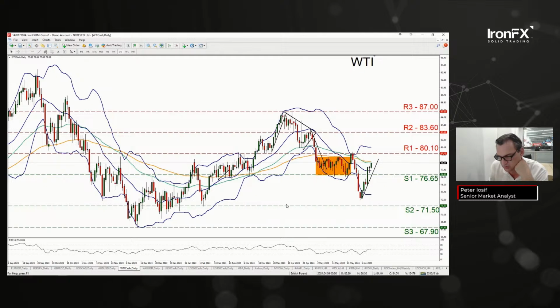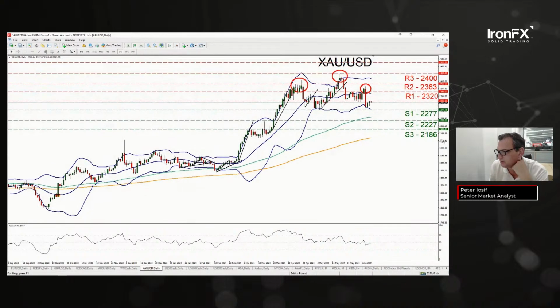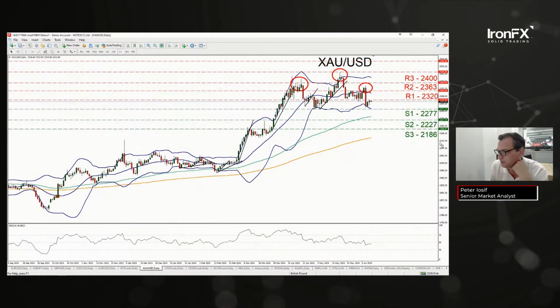Let's have a look at gold's price as well. Readjusting the chart a bit. There you go. So we have gold's price, which edged higher yesterday, yet the bulls are quite hesitant after hitting a ceiling at the $2,320 per ounce price.